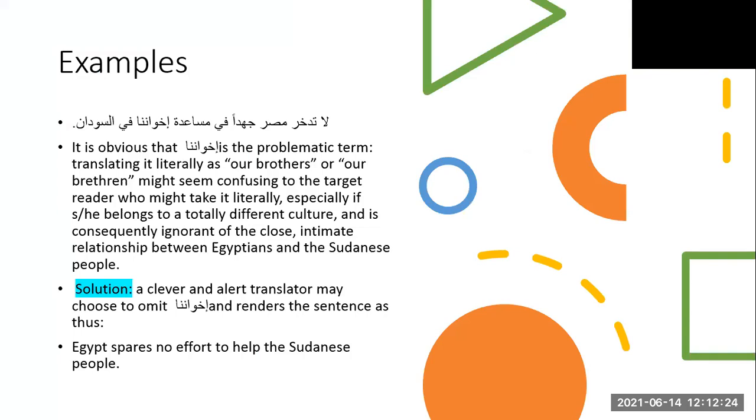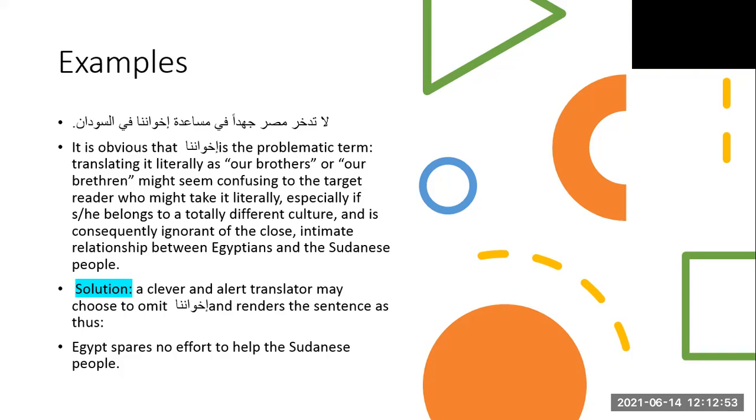لا تدخر مصر جهداً في مساعدة إخواننا في السودان. Now, of course, we understand this. We understand the meaning of إخواننا في السودان. Now, try to translate that into English. Now, this is problematic. Because if you translate it as our brothers or our brethren, this is confusing to the target reader.